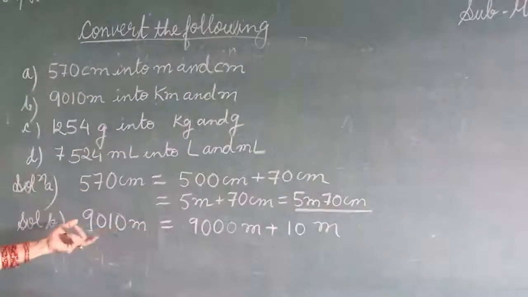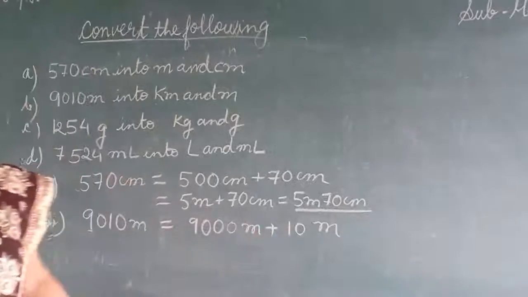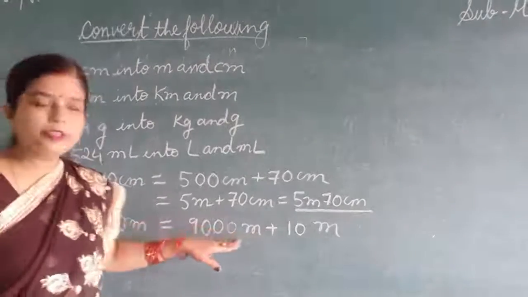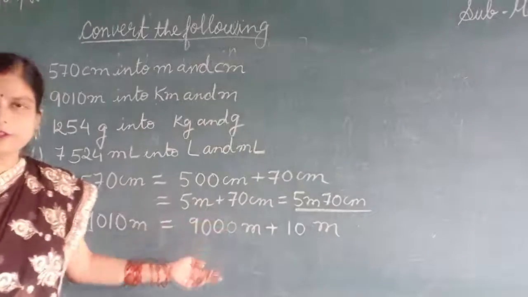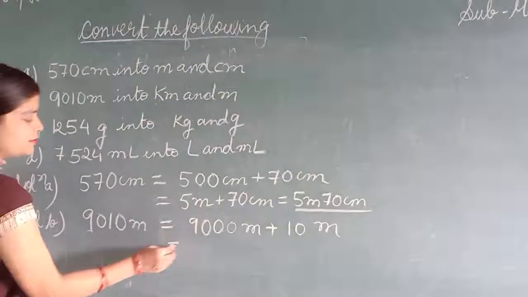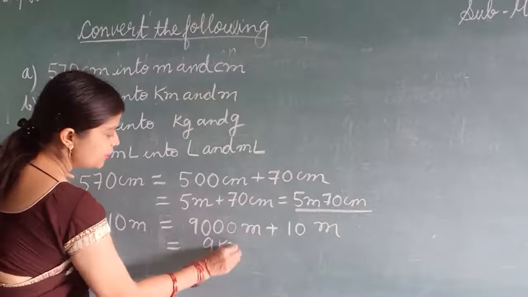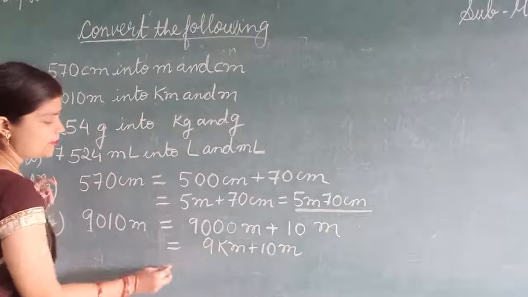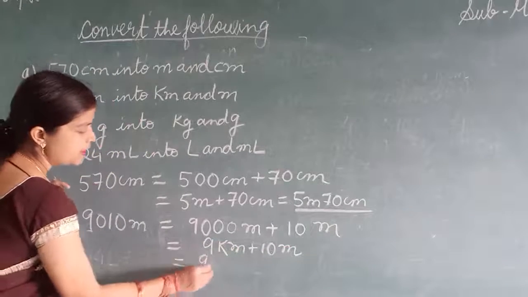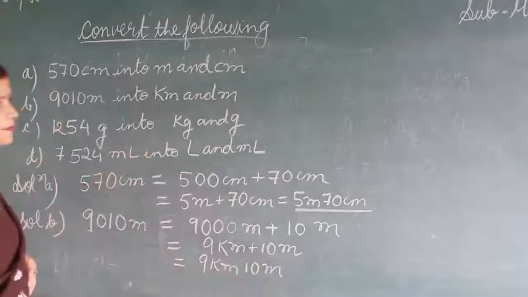We can express this number as 9000 plus 10 meter. Now when we are converting meter into kilometer, we have to divide by 1000. That means we remove 3 zeros. So this 9000 meter will become 9 kilometer plus 10 meter, and altogether we can write 9 kilometer 10 meter.